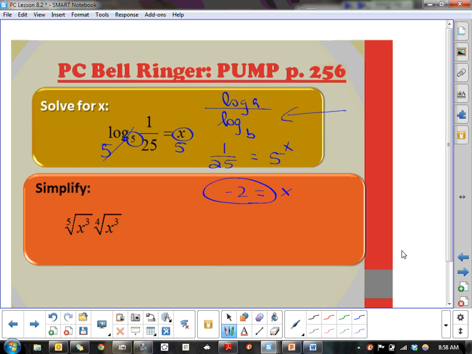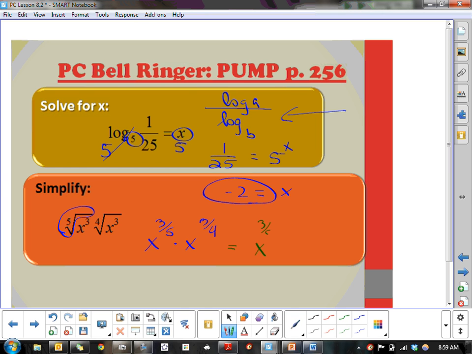In the simplified one, okay, we really like to get rid of these radicals, so we make it x to the 3/5 as a rational exponent times x to the 3/4. Then how do we handle our exponents once we're multiplying like bases? Common denominator, because you must be thinking that you're going to add those exponents.